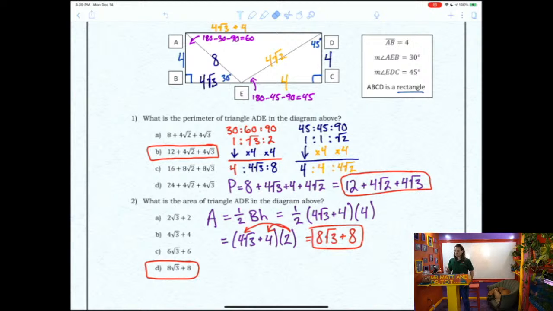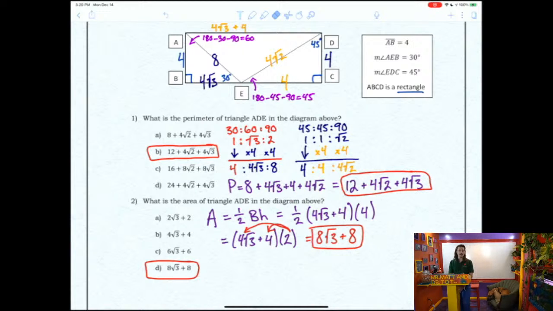Now they also tell me in the given information that angle measure AEB is 30 degrees. If AEB is 30 degrees and ABE, the right triangle, right angle, is a 90-degree angle, then I can solve immediately for what the missing angle is, because the sum of the interior angles of any triangle, whether it's a right triangle, an obtuse triangle, an acute triangle, an equilateral triangle, whatever type of triangle, has to have an interior sum of 180 degrees.